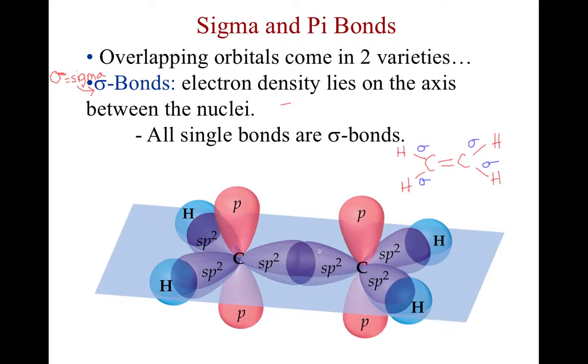Okay? So by looking at a Lewis structure, you can determine the number of sigma bonds from the single bonds.